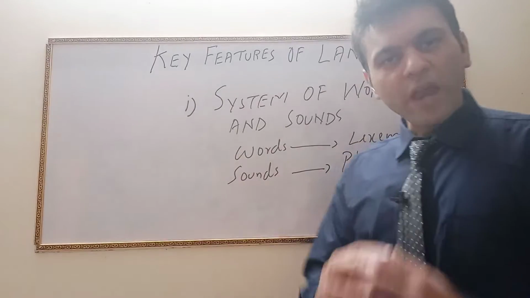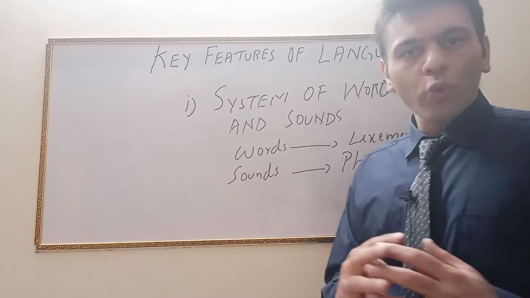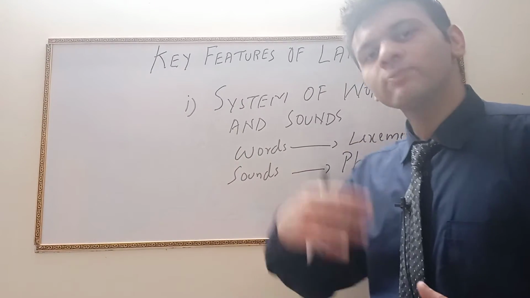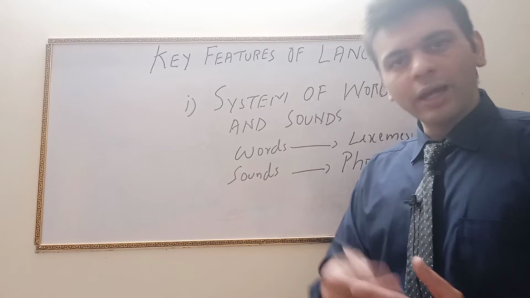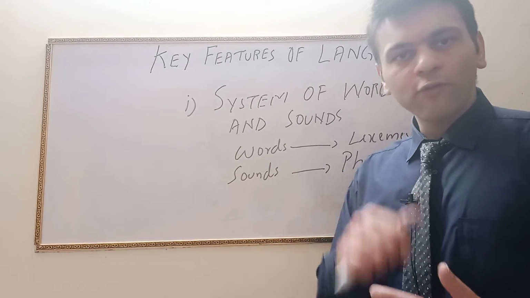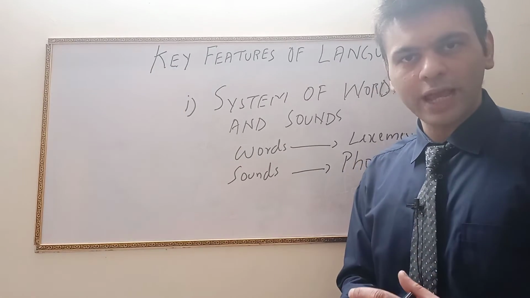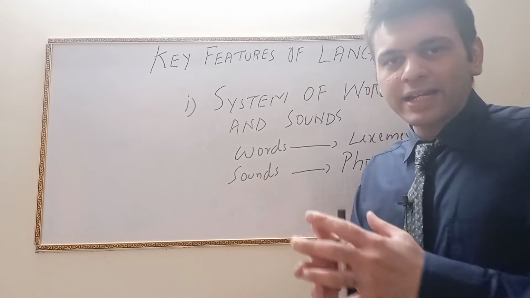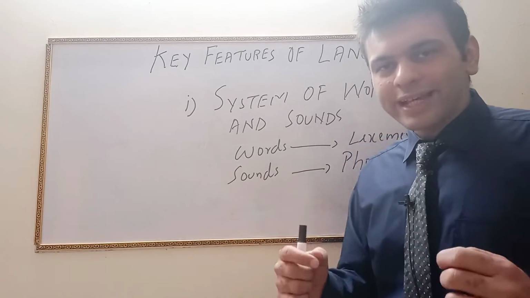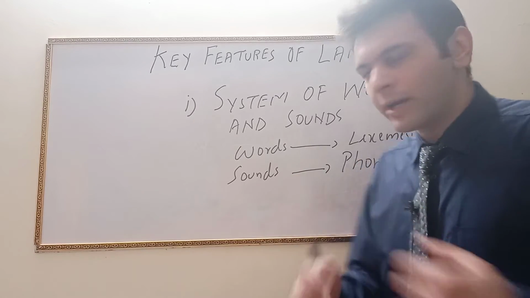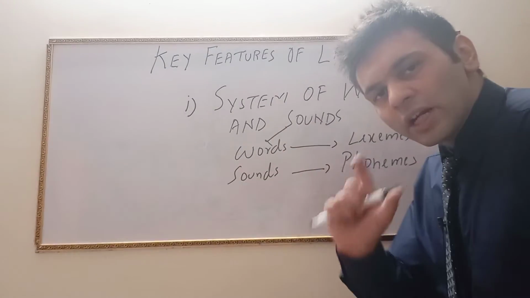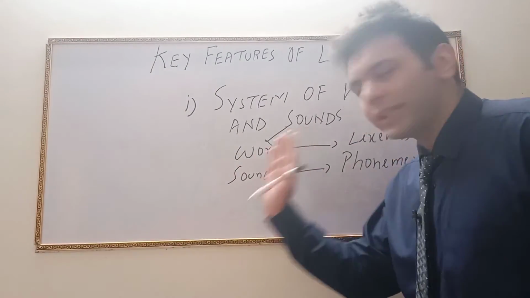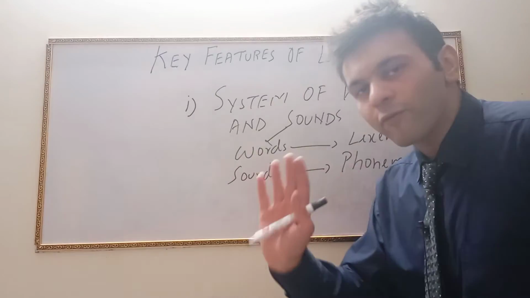And on the basis of phonemes, we constitute different words. If you remember, in the previous class, I explained this concept that every phoneme is a distinct and discrete unit. When these distinct units are joined, we come up with different words, and all these words are meaningful.